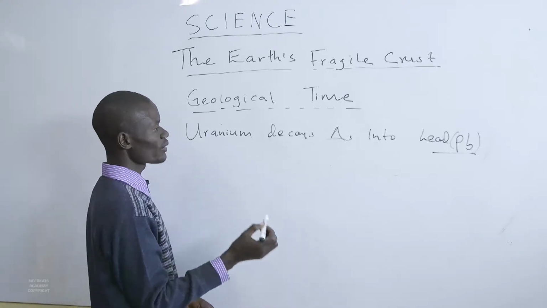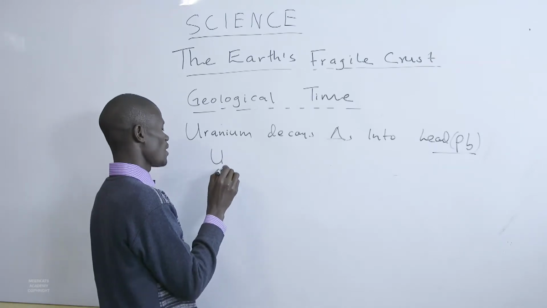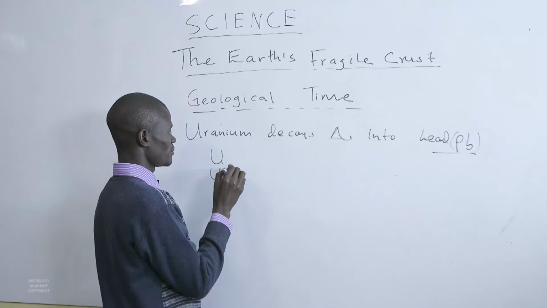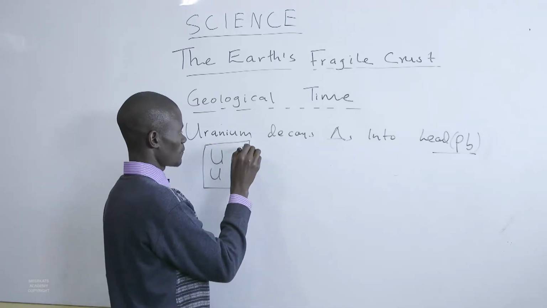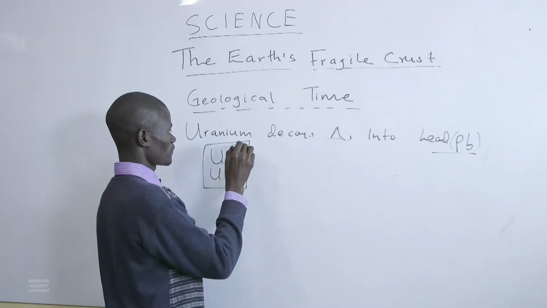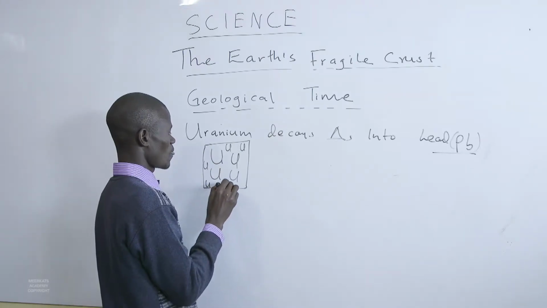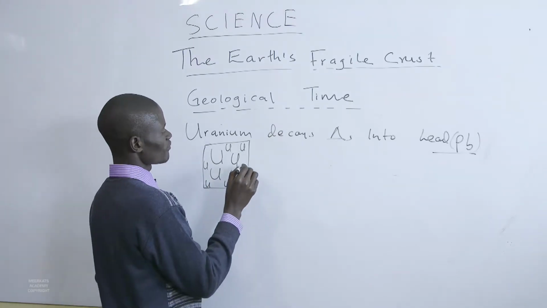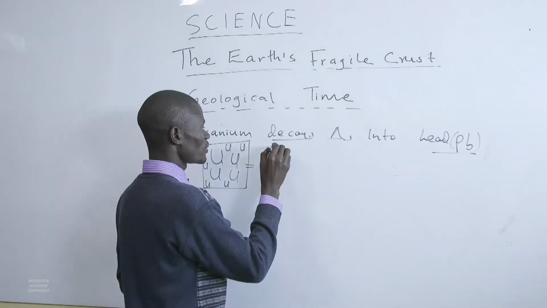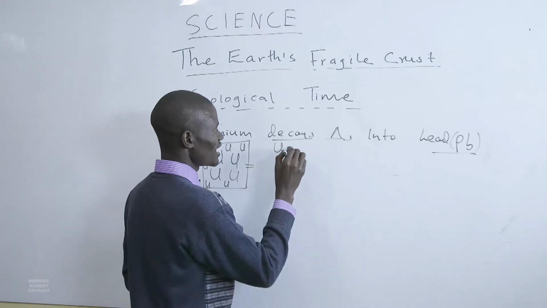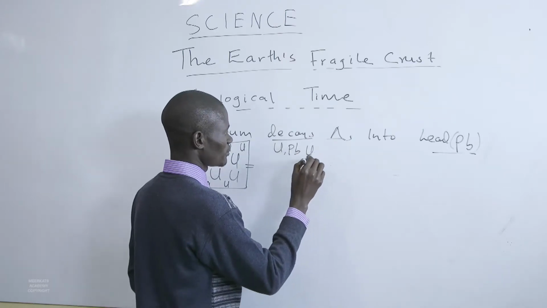For example, this is uranium in a given mass of rock. When uranium undergoes decay, we will have uranium reducing and the element lead adding up.